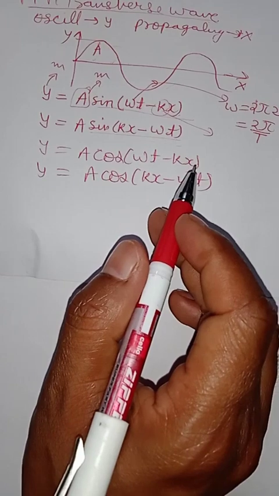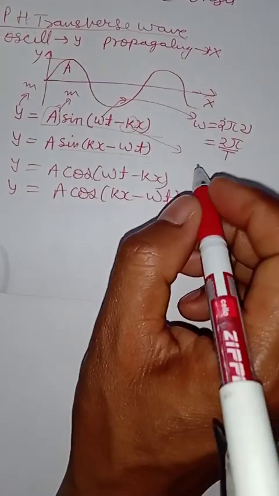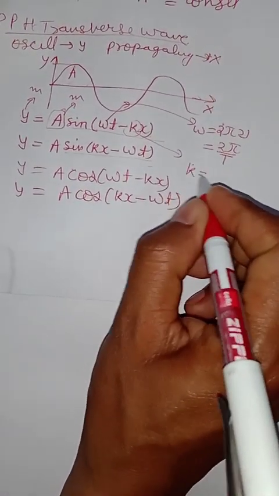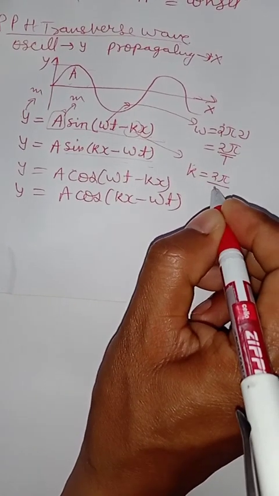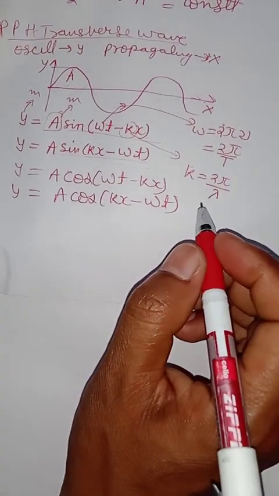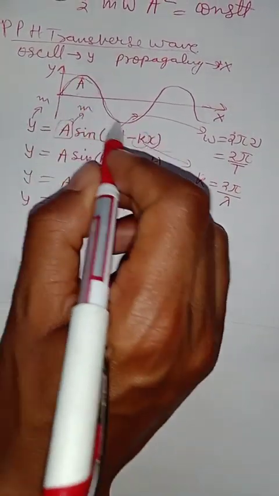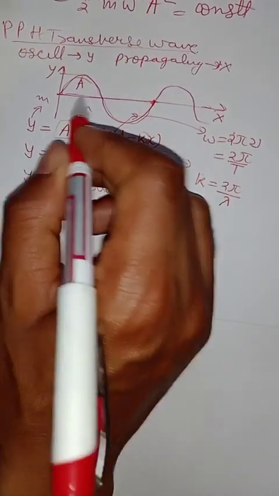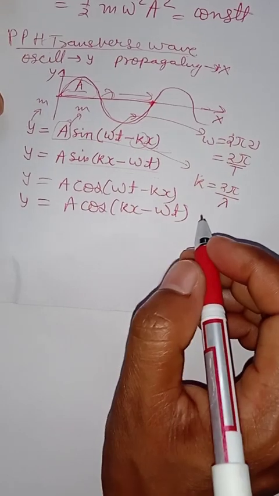Here for this wave, k is the propagation constant, which is 2 pi by lambda. Lambda is the wavelength, the distance from here to here. This is lambda.